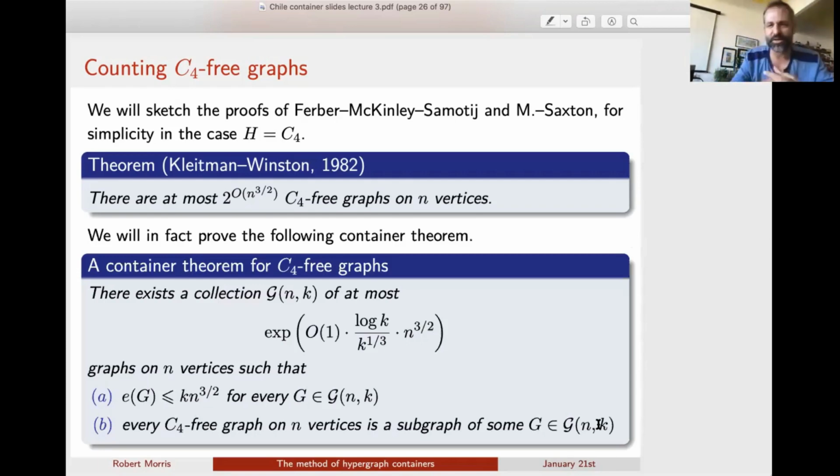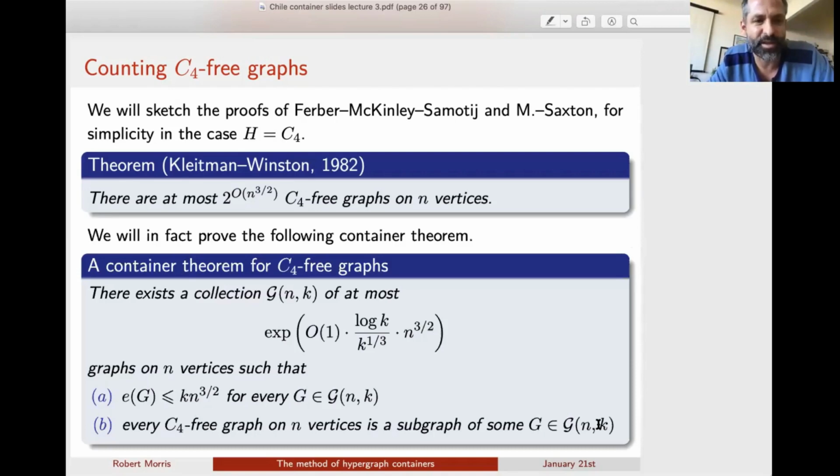This is a slightly different kind of container theorem, and we're going to prove it in a slightly different way than we did in the previous applications. This is quite an important technique of applying the container lemma that I'm going to discuss.